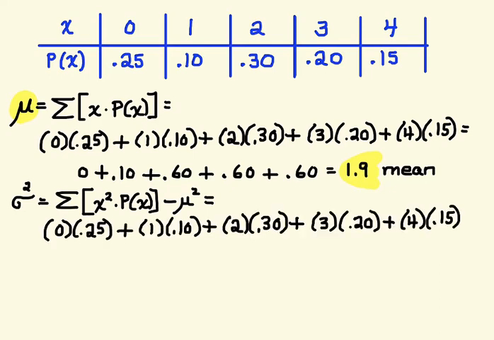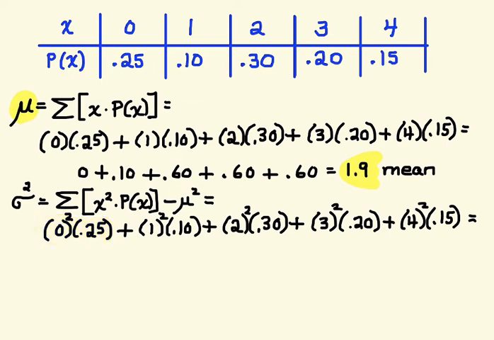This line is very similar, except for now we are squaring each one of our random variables. And what do we get? Well, 0 squared is still going to be 0. 0 times 0.25 is 0. So again, we're not even going to count that one.